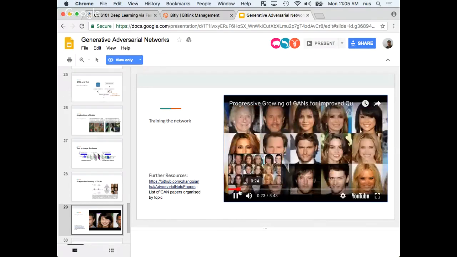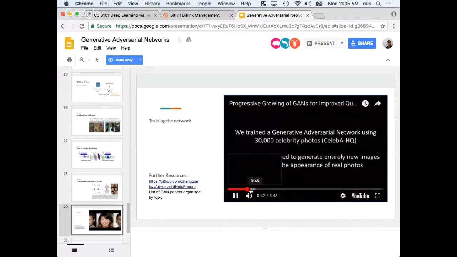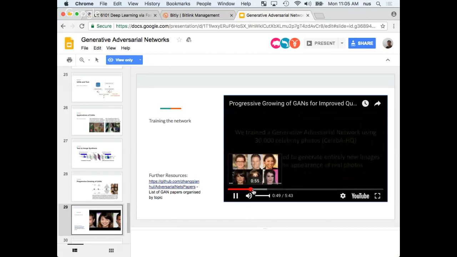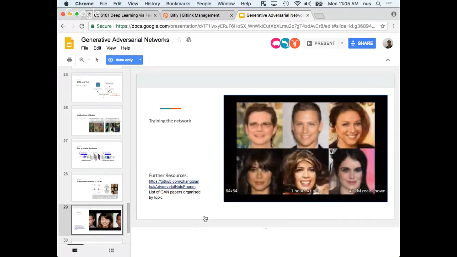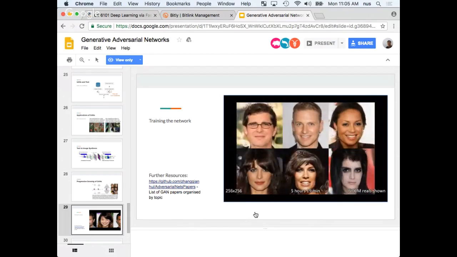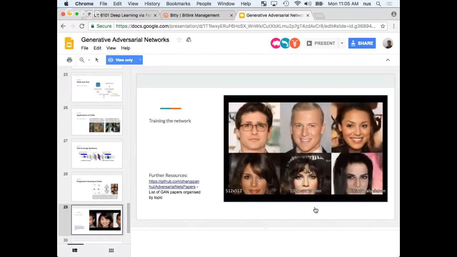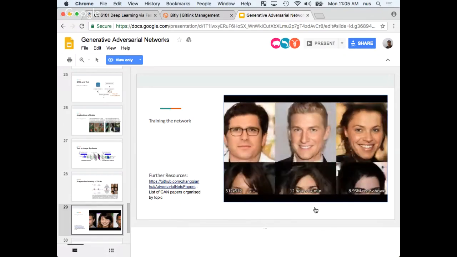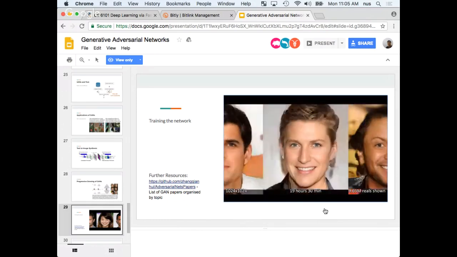So you can see they start off with 32 by 32, 64, and as they progressively make the network bigger, the images start becoming more human. You can also see the training time as it goes on.